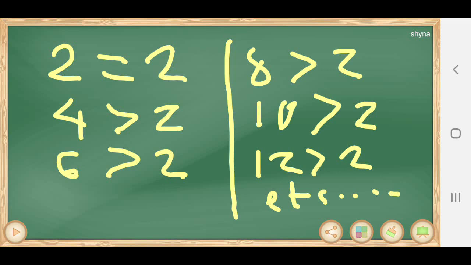What is the conclusion here? Every multiple of a number is greater than or equal to that number. First one equal, all others are greater than.